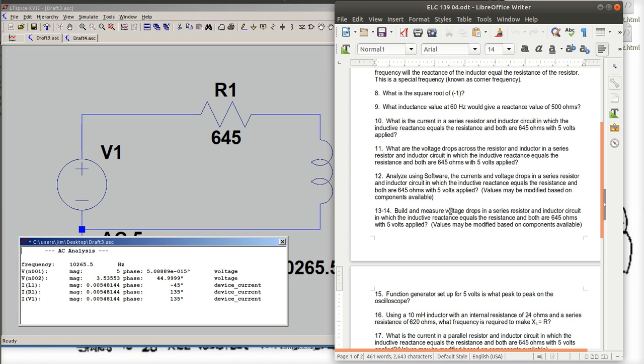Number 13 says build and measure the voltage drops in the series circuit. 5 volts applied. Well, you know that you get 3.5 across both. You know you've got 5 there, and you know the current. So I just want you to measure the voltage drops.